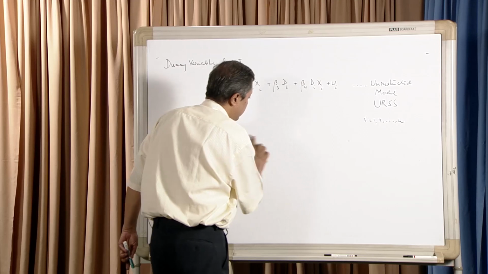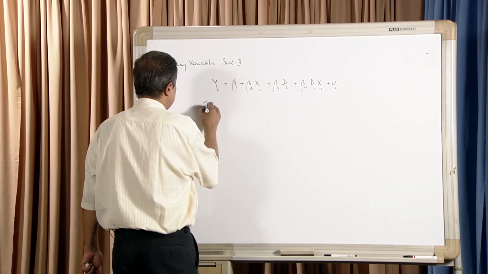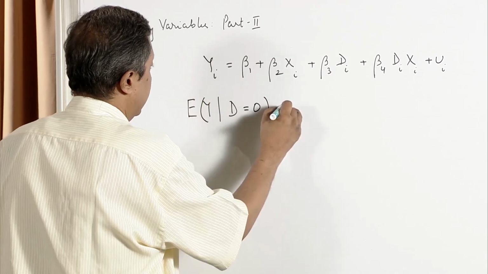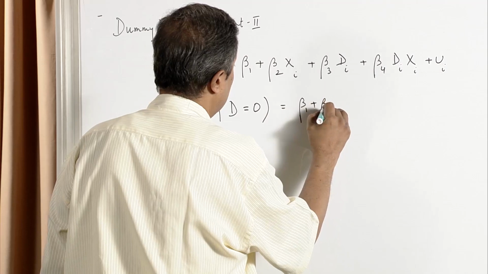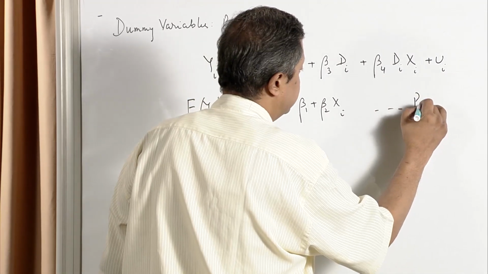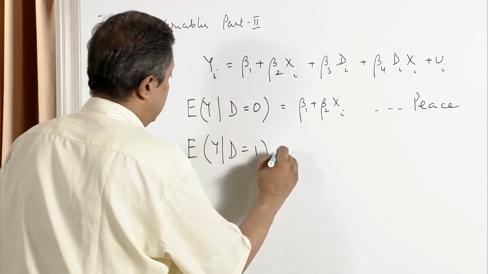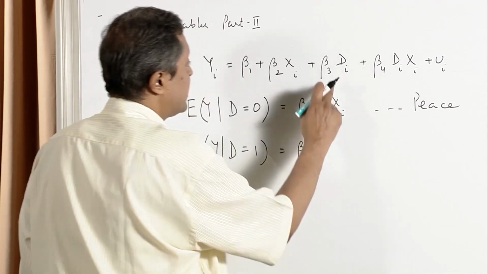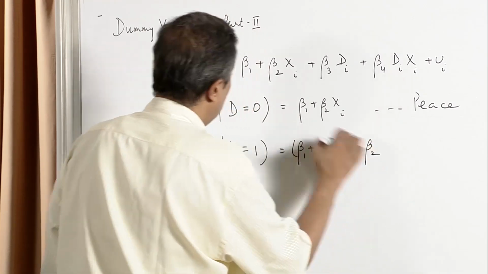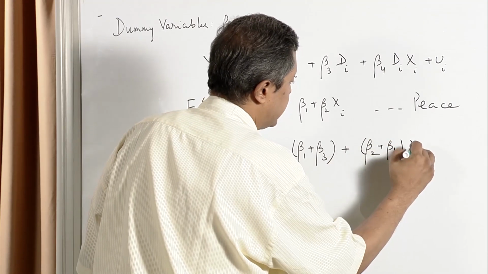Just as we had shown a few minutes earlier, during the peacetime, it would be expectation Y given D equal to 0, that is equal to beta 1 plus beta 2 X i, and during wartime, expectation Y given D equal to 1, that is equal to beta 1 plus beta 3 plus beta 2 plus beta 4 X i.